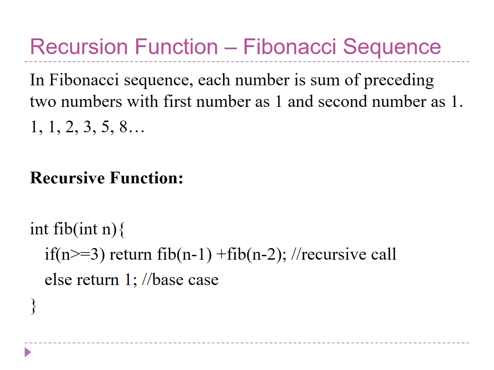When the n value is less than 3, the function returns the value 1, which is the base case because the first two numbers of the Fibonacci sequence are 1.